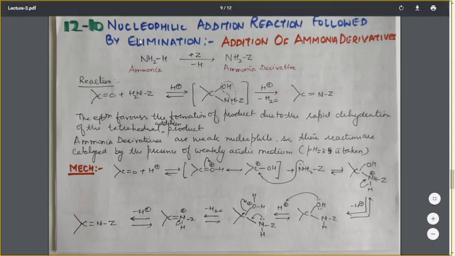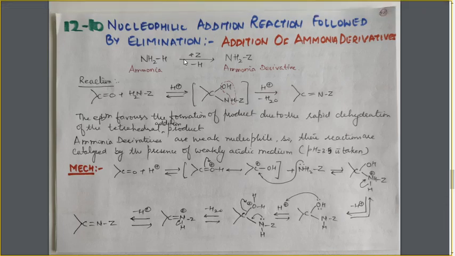So let's start with nucleophilic addition reaction followed by elimination, that is, addition of ammonia derivatives. Now what are ammonia derivatives? This is the ammonia molecule, NH3, and I have shown this H atom separately from the NH3 molecule.